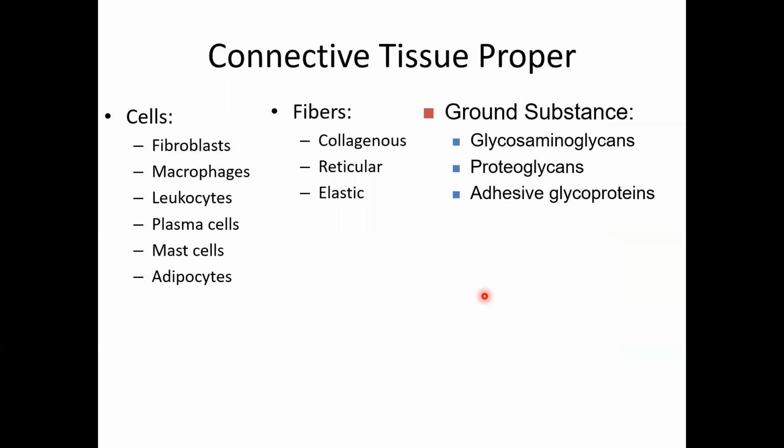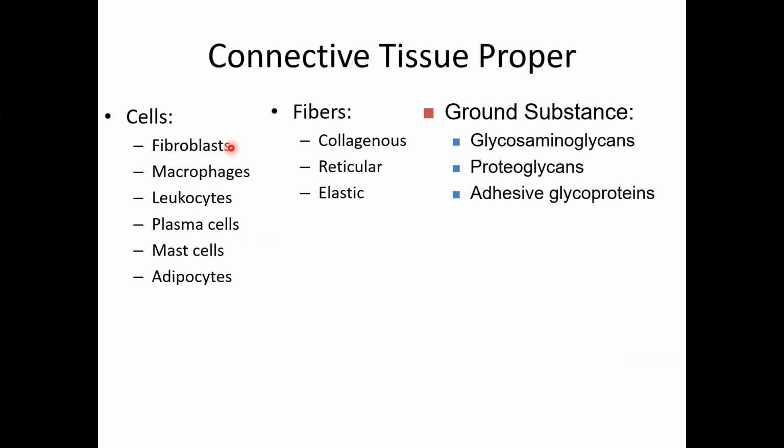The cells of connective tissue proper are called fibroblasts. Fibro, as in fibrous, and anytime you see that suffix blast, that's a cell that's laying down extracellular material. Also associated with connective tissue proper, we'll probably see macrophages, leukocytes, plasma cells, mast cells.